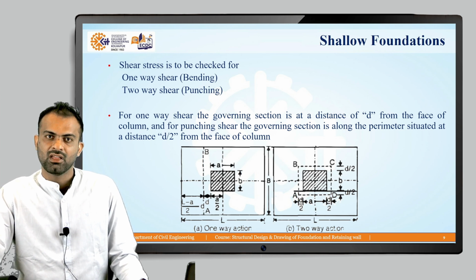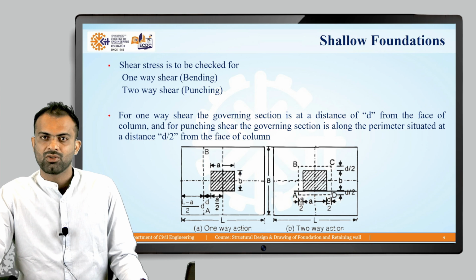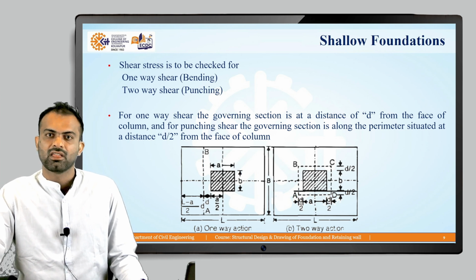For one-way shear, we use the area as breadth and length from the center of the column, that is a by 2 plus d into b, as the governing area. And we use the total area as the governing area for the punching shear.